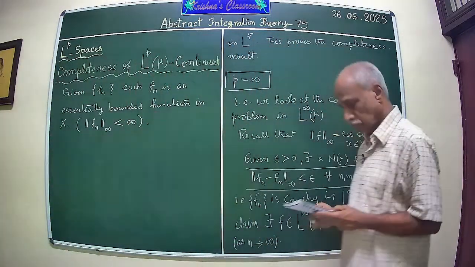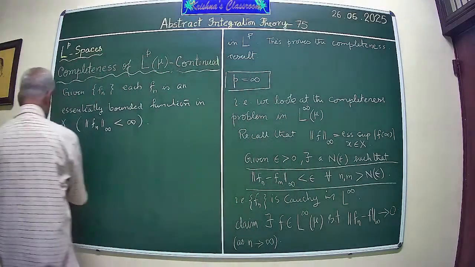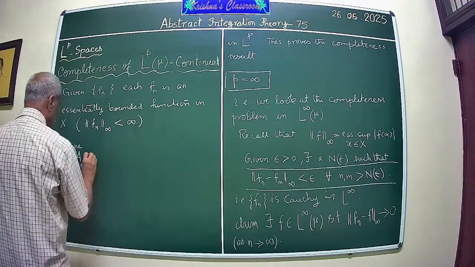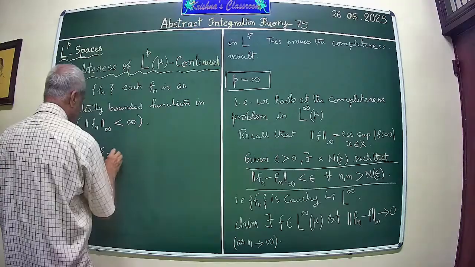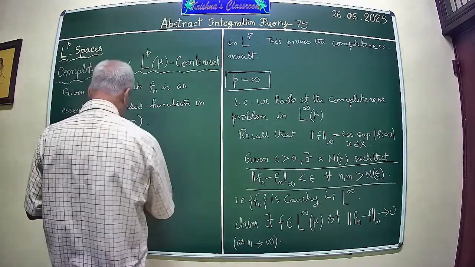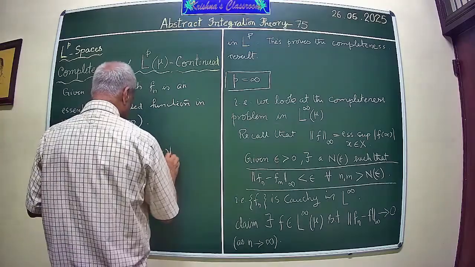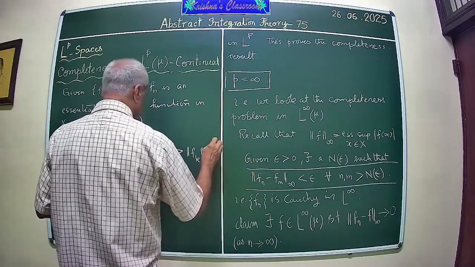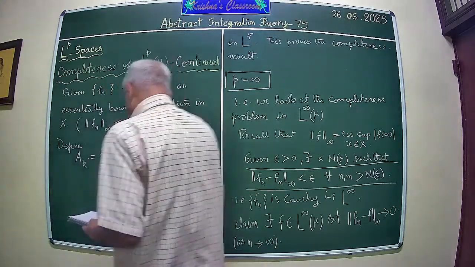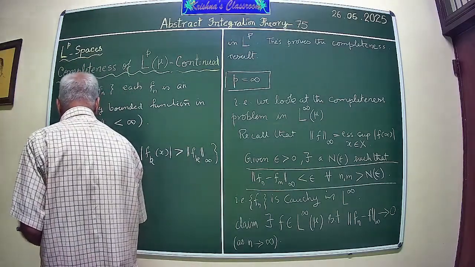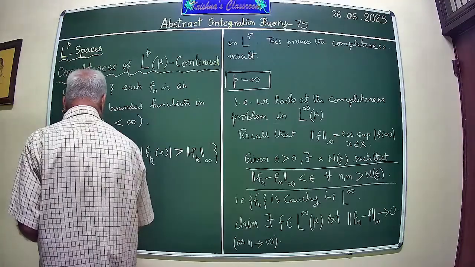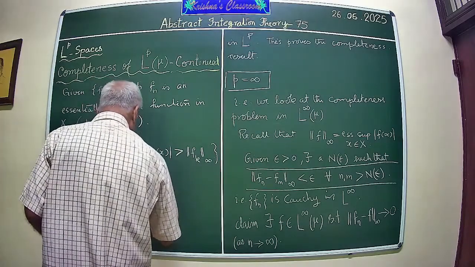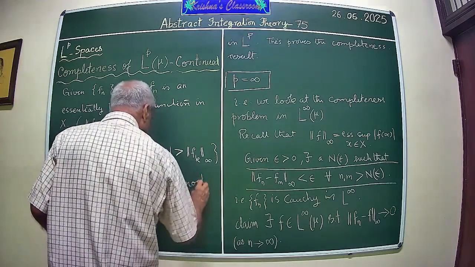Therefore define AK as the class of all x belonging to X for which fk(x) is less than or equal to the norm of fk infinity for almost all x.